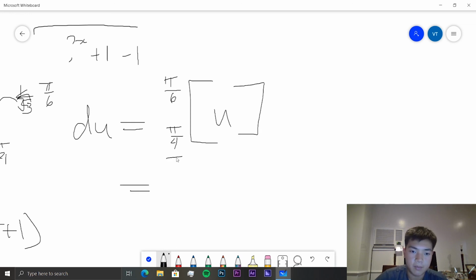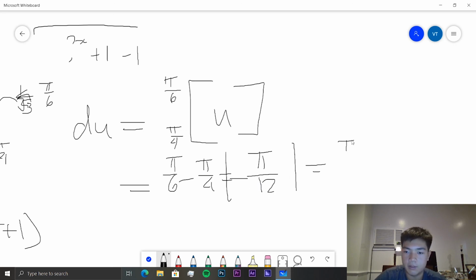So this is equal to pi over 6 minus pi over 4, which is negative pi over 12, but then we take the absolute value, so it's equal to pi over 12.